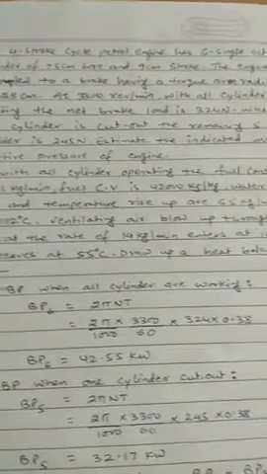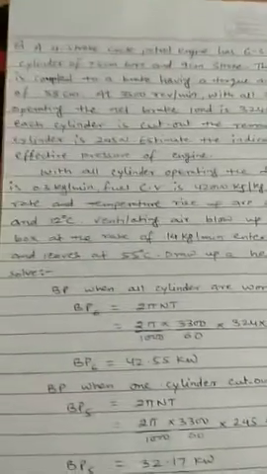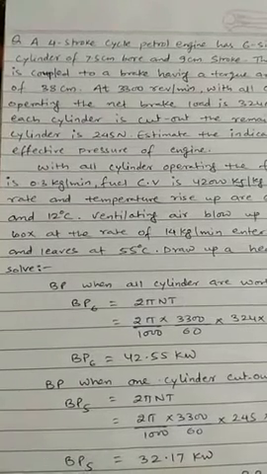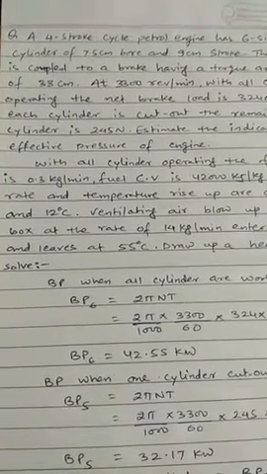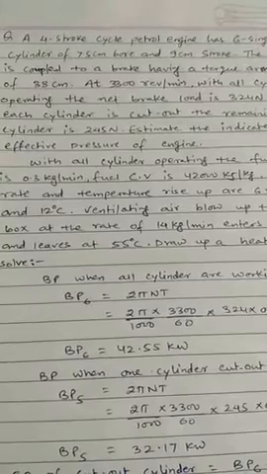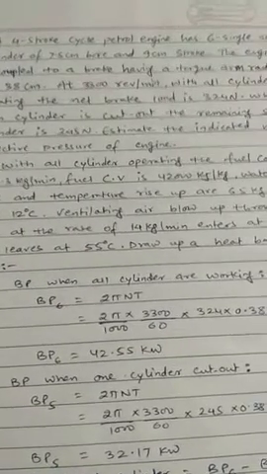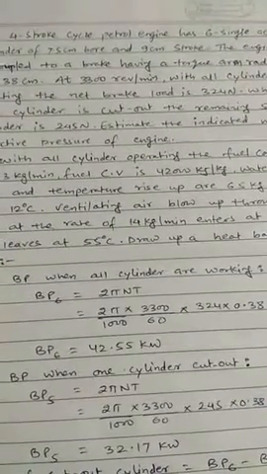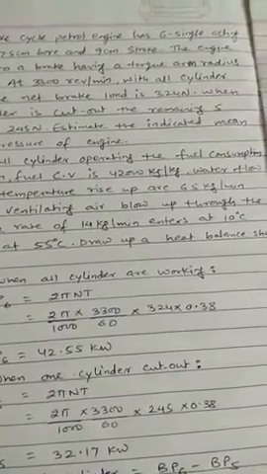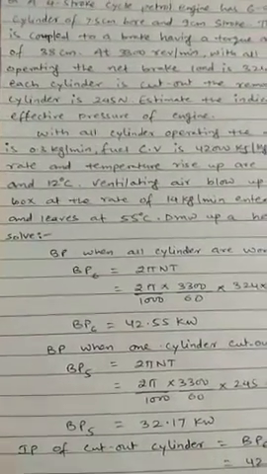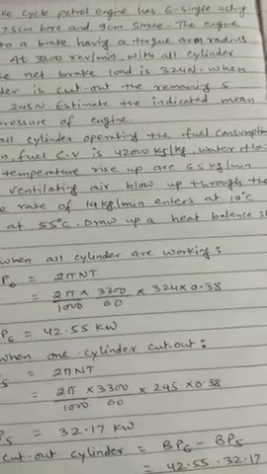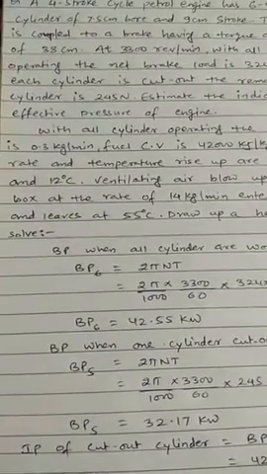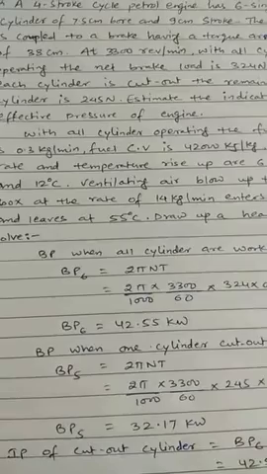With all cylinders operating, the fuel consumption is 0.3 kg per minute. The fuel calorific value CV is 42000 kilojoule per kg. Water flow rate and temperature rise are 65 kg per minute and 12 degrees Celsius.